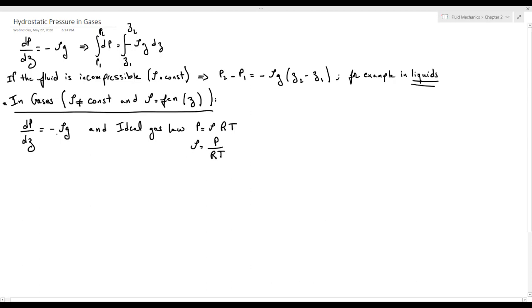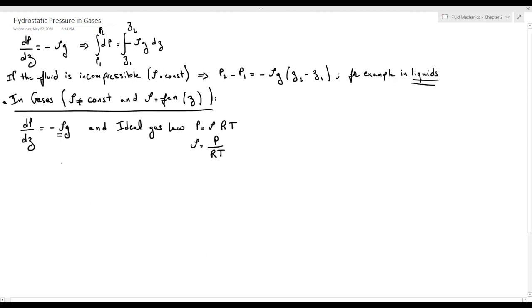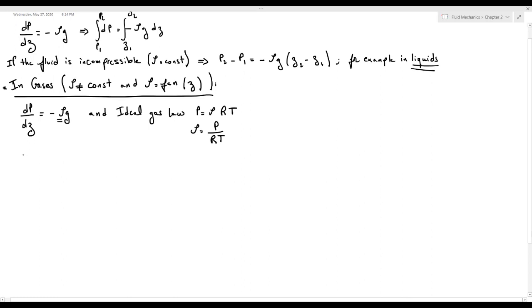So if we substitute rho into the equation, we will obtain dP over dz is equal to minus P over RT into g. We can rearrange the equation. We write dP over P is equal to minus g over RT into dz.